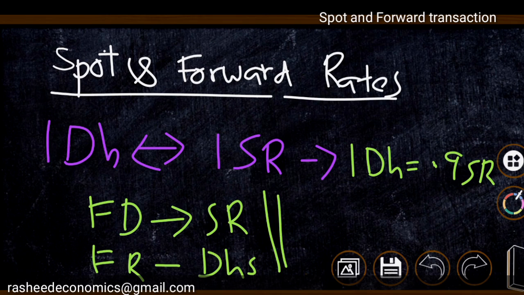In other words, the value of one currency is increasing and the value of the opposite currency is decreasing. Here the value of the dirham is decreasing and the value of the Saudi riyal is increasing. And there is a value change of 10% for 3 months. We can say that there is 40% forward premium or forward discount for a year.